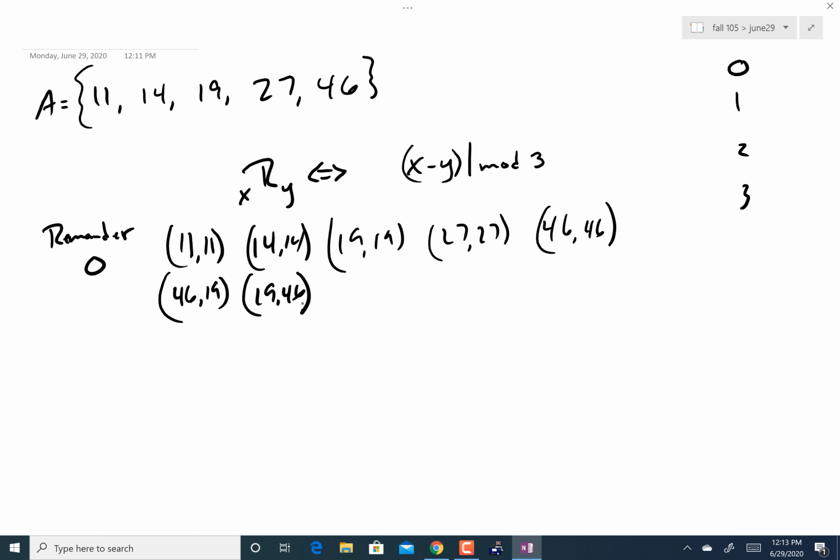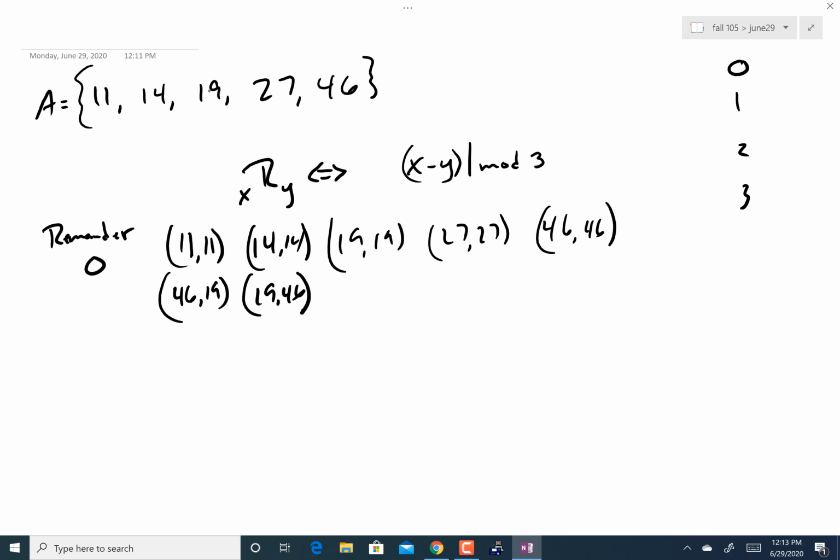Okay. So 46 minus 14 is 32. That is not divisible by 3 evenly. And then 46 minus 11 is 35, which is also not divisible by 3 evenly. These are the only members, I think. Wait, did I mess up? No, then 27 minus 19 is 8. No. 27 minus 14 is 13, so nope. 27 minus 11 is 16.